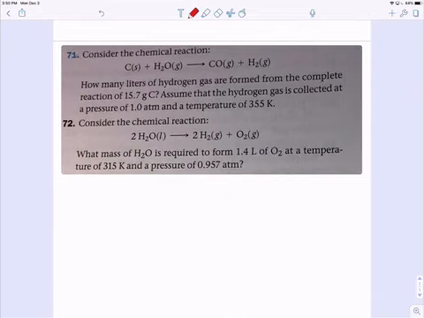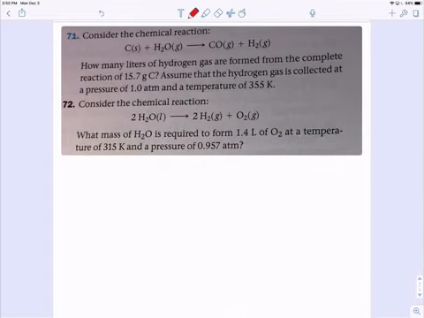Consider this chemical reaction here. Carbon plus water forms carbon dioxide and hydrogen. How many liters of hydrogen gas are formed from the complete reaction of 15.7 grams carbon? Assume that the hydrogen gas is collected at a pressure of 1 atmosphere, temperature of 355 Kelvin.